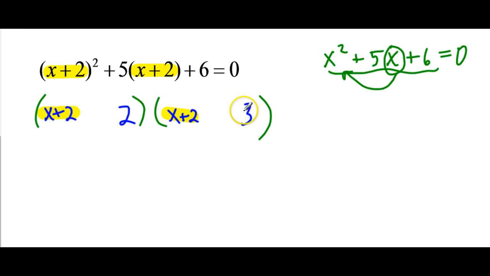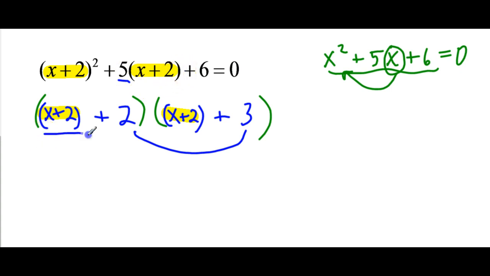So 3 times 2 is 6. 2 times the quantity x plus 2 plus 3 times the quantity x plus 2 is 5 times the quantity x plus 2. Again, to add up to a positive 5, this would have to be a positive 3 times x plus 2 plus a positive 2 times x plus 2, which is a quantity of 5 times x plus 2.